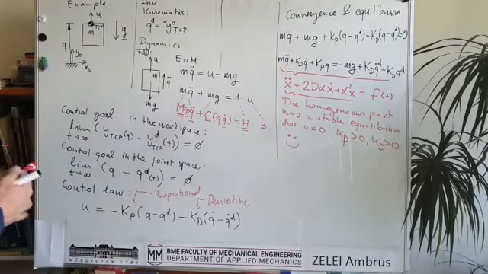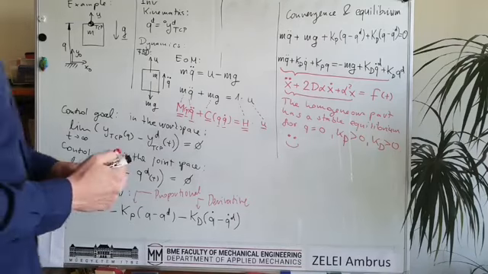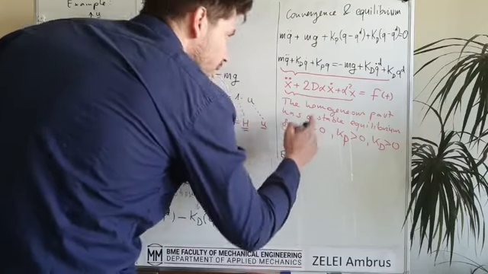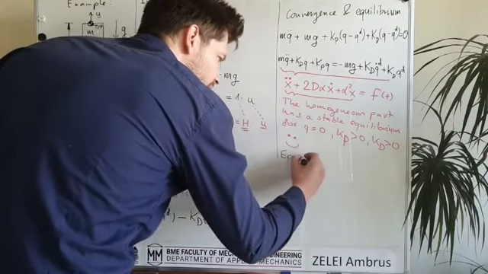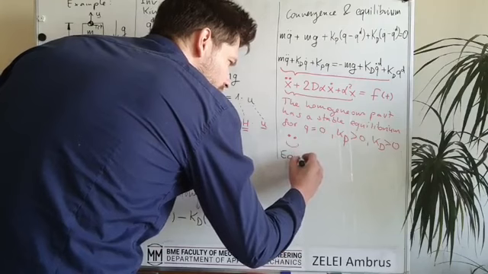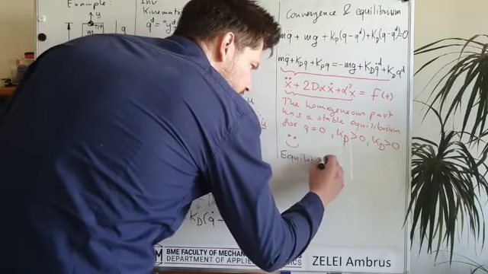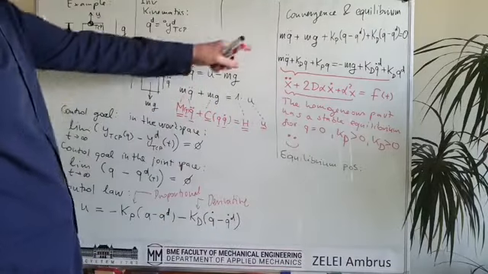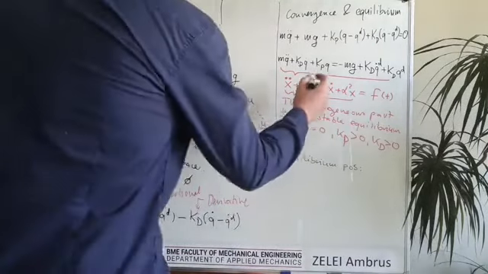But the problem is that if we check the equilibrium position, so this was the convergence of the homogeneous part, we put 0 everywhere which is moving.